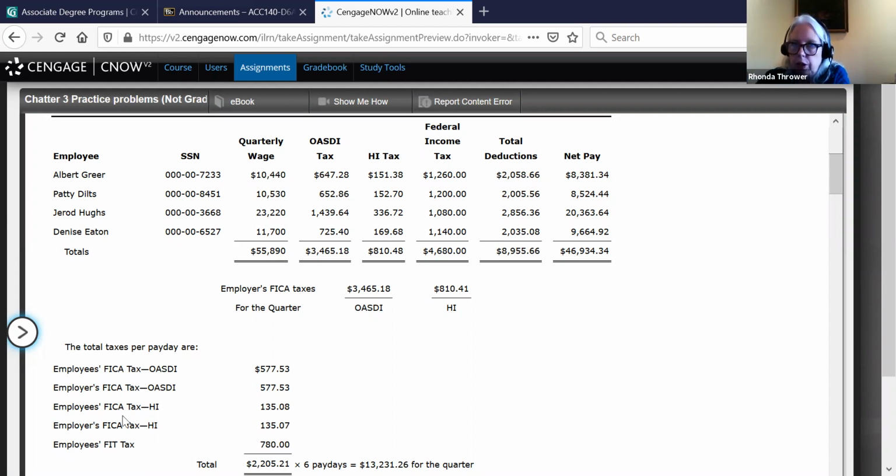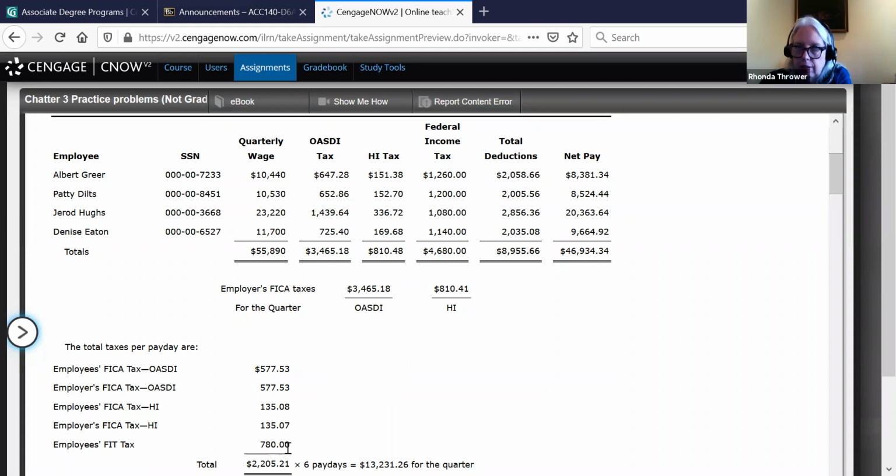The employee's FICA tax, you're going to take this amount right here and divide it by 6 pay periods. That's how they're getting this. You're going to take the employer's share and divide it by 6, and that's how they get this. And then this federal income tax is divided by 6.